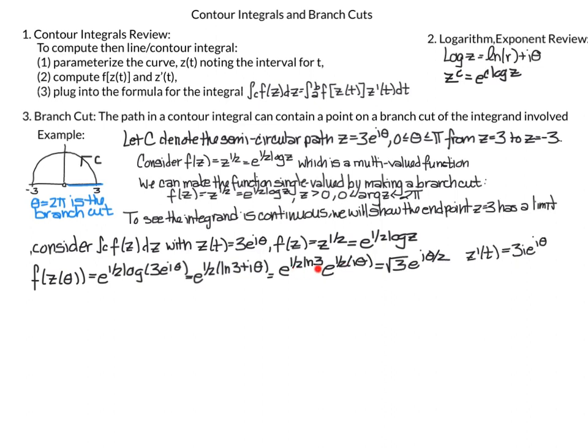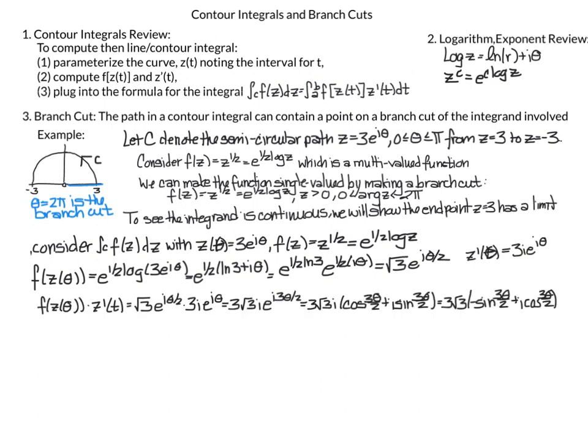Using properties of exponents, I simplify this down to square root of 3 e to the i theta over 2. Next, I need to compute z prime of t. Again, this should be a theta, just wherever I have t, remember that in this particular example, we're parameterizing using theta. So the i just comes down as a constant, so we have 3i e to the i theta.